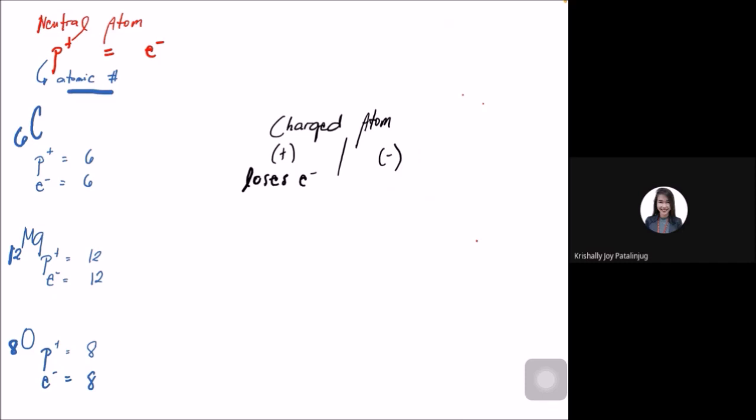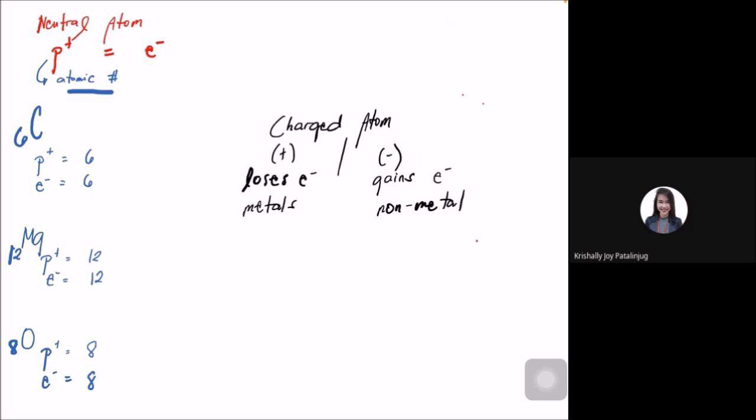Whereas if it carries a negative charge, then during chemical combination, it gains electrons. Now, among the elements or atoms, those atoms that tend to lose electrons are the metals, whereas the atoms that gain electrons are the nonmetals.